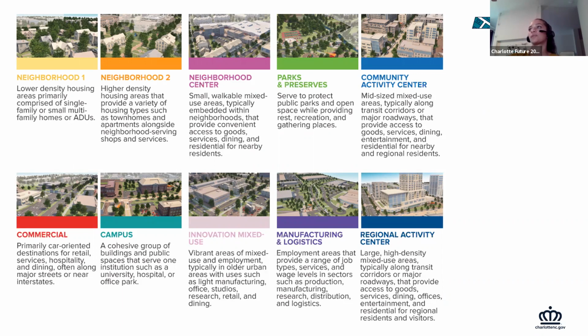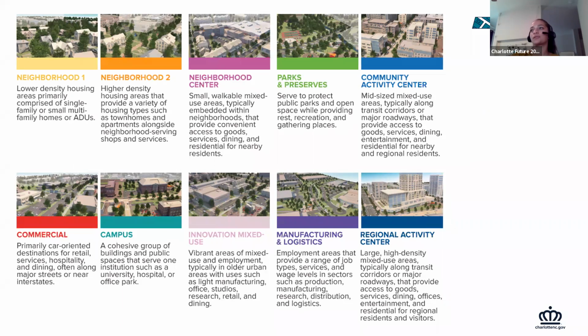Your parks and preserve, we typically want to see those closer to where people live. Your commercial designations are typically the older commercial car-oriented destinations, your single use or the strip malls. The campus is exactly what it sounds like. It's a grouping of buildings that serve institutions, so universities, hospitals, and office parks. Your innovation mixed use and manufacturing and logistics are typically employment areas.